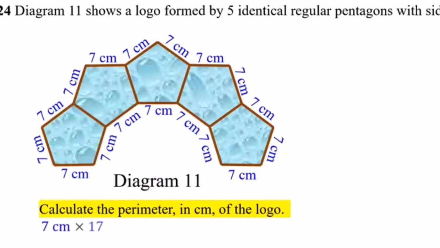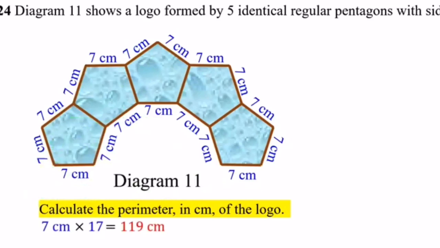We will take 7 centimeter times 17. Now you can press the calculator and write down the answer. The unit must be in centimeter. Alright, so the answer is 119 centimeter.